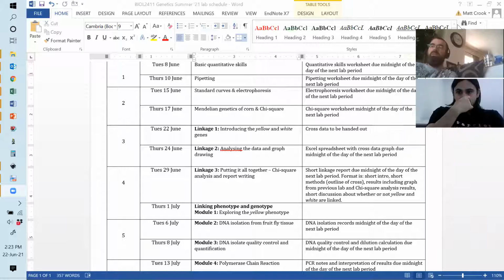This Thursday, we're going to go over how you analyze those data. In particular, how you'll generate a quality graph, right? So some of you have already been doing this, generating good graphs in Excel.